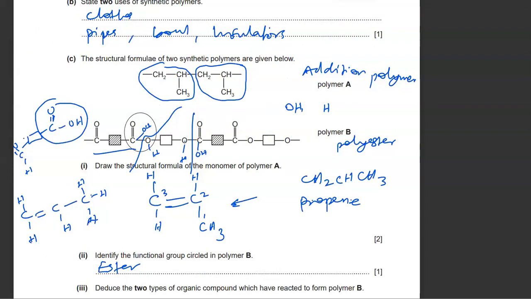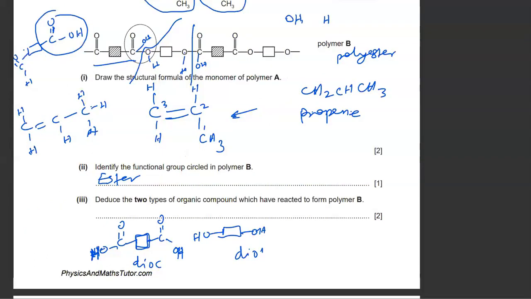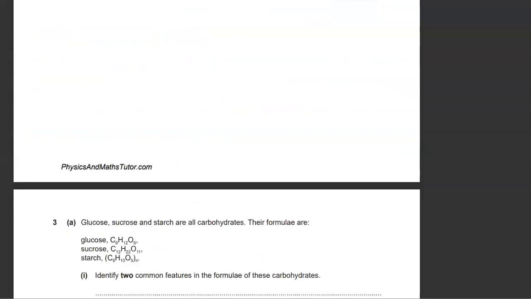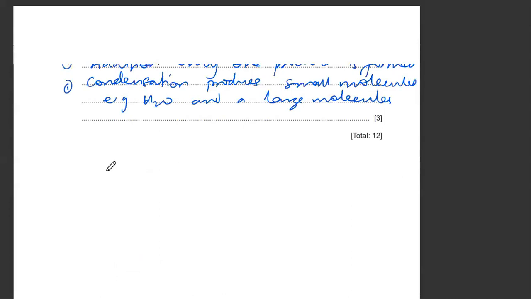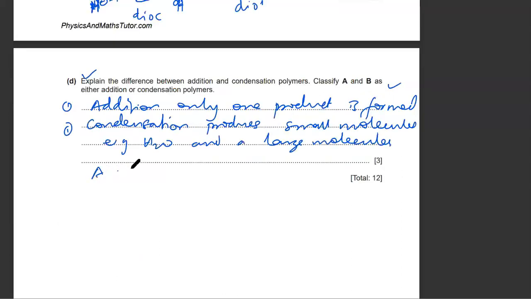A is addition. And B is condensation. So molecule A is an addition polymer, and B is a condensation polymer. Okay, I think that's what we've done.